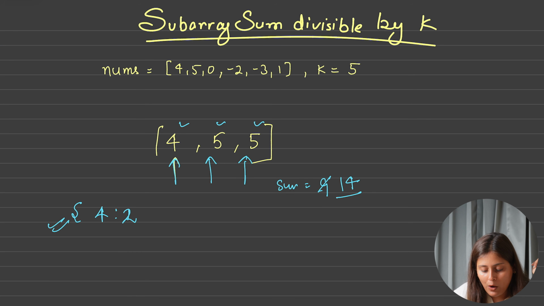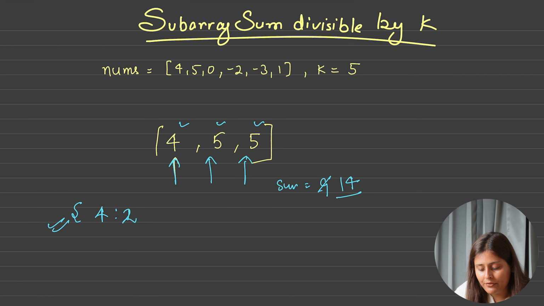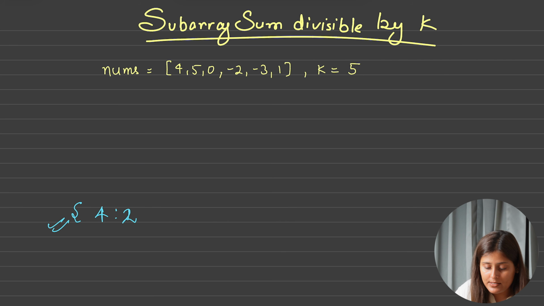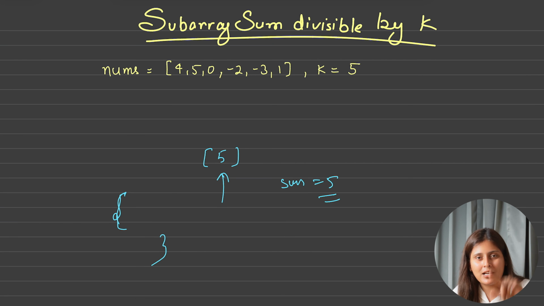So you saw how this map helps us. One more thing: do you think we have to initialize? Why am I saying this? Suppose we have only 5, and in the map we have nothing, because we are dependent on the map only. The summation is 5. Is this 5 perfectly divisible by k? First we calculate the remainder.